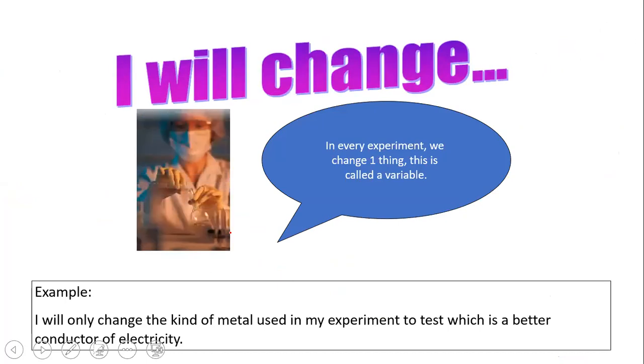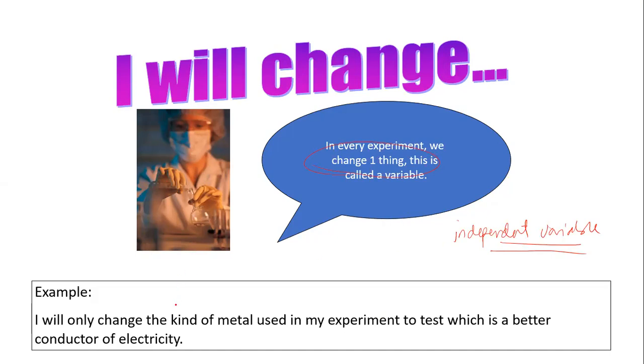Okay, so in every experiment, we change one thing, and this is called variable. Specifically, the one being changed is what we call our independent variable. Remember, it is being manipulated and it is being experimented.